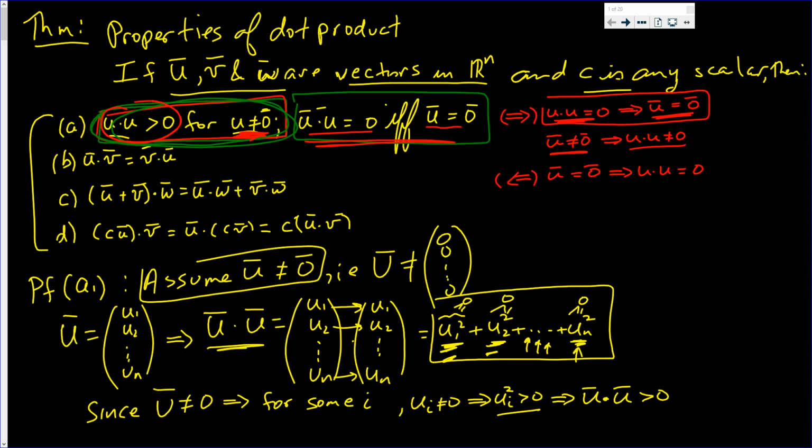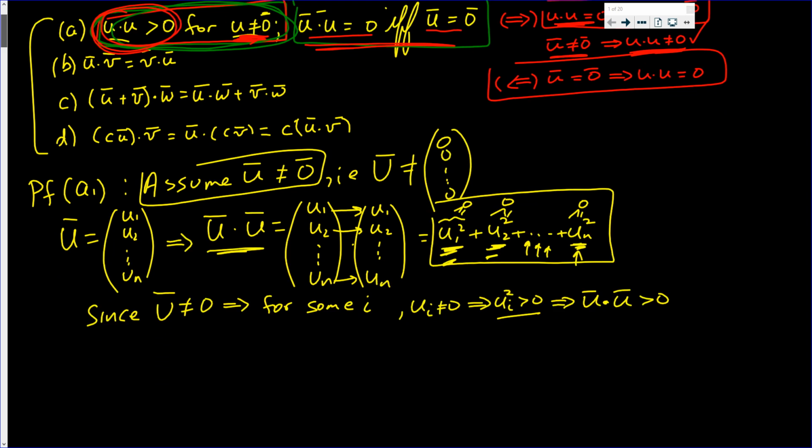Well, I didn't show it's not 0. I showed it's positive. But that's enough. If you ask me to show that a product of two things is not 0, it's okay to show me that it's positive. You could have shown me that it was negative also. Or positive or negative only. Okay, what I'm getting at is I already showed this. So now I must show this. And that's a pretty easy one to show.